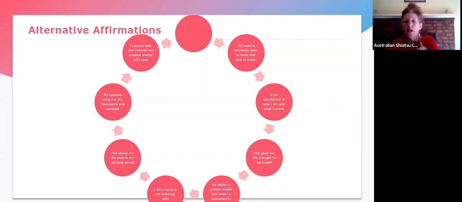I'm going to ask that you rock forward and back, and if you can, remember your affirmation, or if you want to look at the screen, and holding that in your mind, repeating it quietly to yourself as you rock forward and back 7 times. And I'll just allow you to be in that space for a few moments.